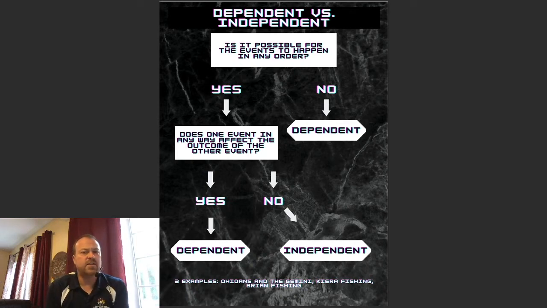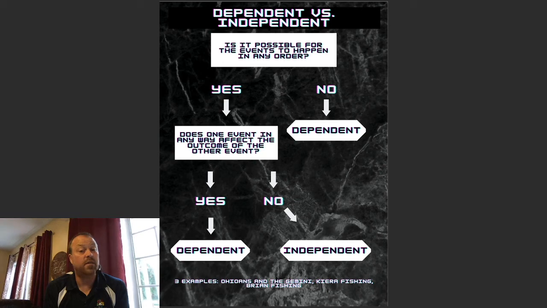Does one event in any way affect the outcome of the other event? So if Kiera catches a perch, will it affect the likelihood of her catching a bluegill, for instance, or the other way around? Well, there's something unique about what Kiera is doing, and that is she is a catch and release fisherman, which most competitive fishermen are. And once they catch the fish, they measure it and weigh it and throw it back into the lake.